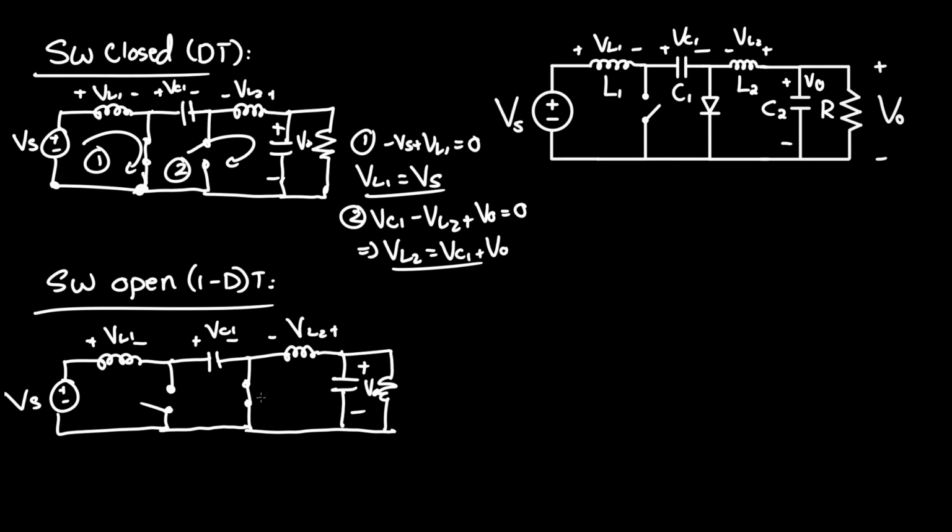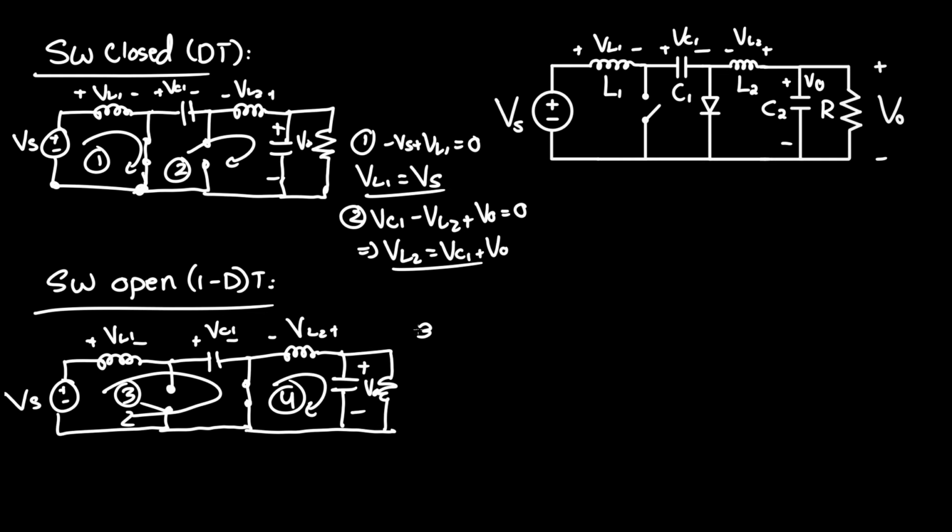Now in this case, the diode is shorted, due to the fact that the power supply will provide the voltage across VL1 and eventually return to the negative portion of the path, which we'll call 3. And we need to do one more loop for equation 4. If you want a more in-depth explanation as to how the Cuk converter works for both stages, I attach a pretty good video that explains it in the description below.